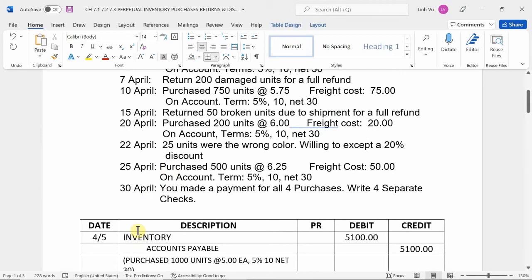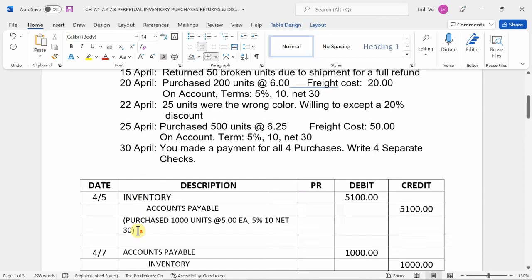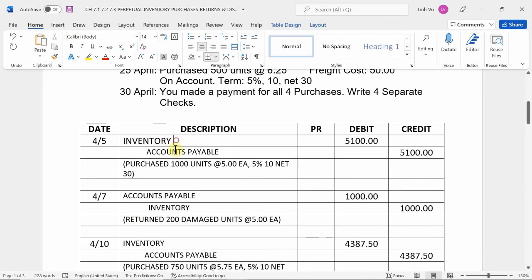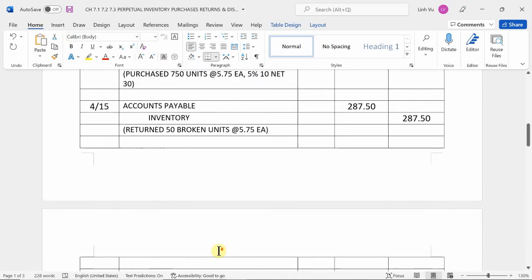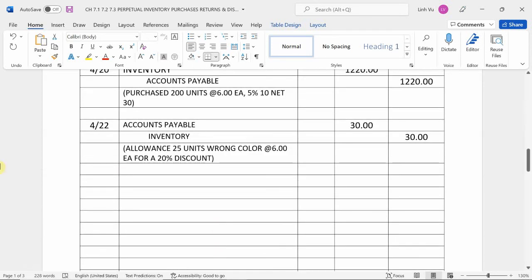April 25th, we end up purchasing 500 units at $6.25 each, with the freight costing $50. And once again, you get the same terms, 5%, 10, net 30. So in this case, how should I journalize this?